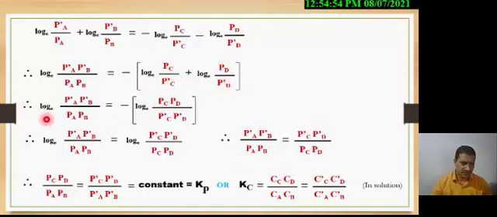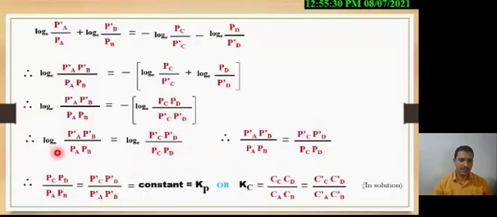With a mathematical rearrangement, we get ln of (P'A P'B)/(PA PB) is equal to minus in bracket ln of (PC PD)/(P'C P'D). Therefore, ln of (P'A P'B)/(PA PB) is equal to ln of (P'C P'D)/(PC PD).